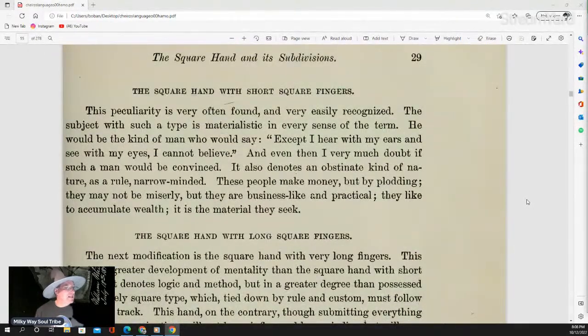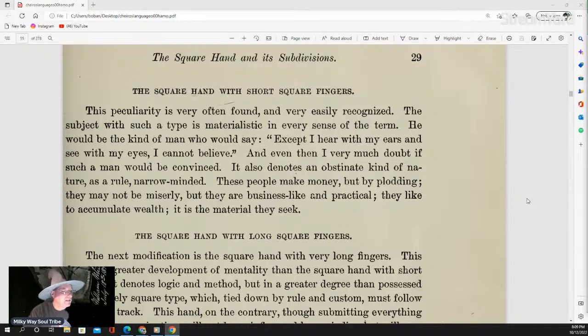The square hand, its subdivision. The square hand with short, square fingers. Do you have a hand with short, square fingers? This particularly is often found and very easily recognized. The subject with such a type is materialistic in every sense of the term. He would be the kind of man who would say, except I hear with my ears and see with my eyes, I cannot believe.